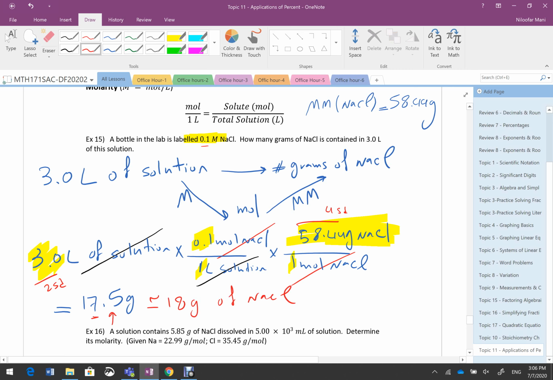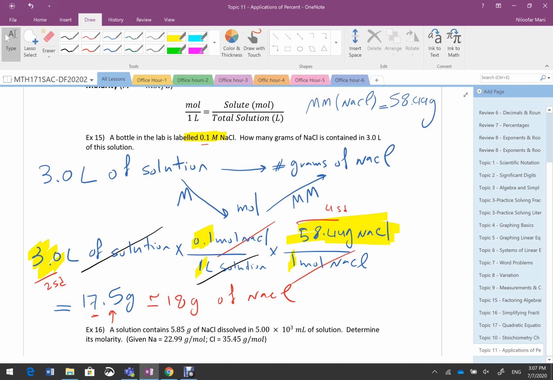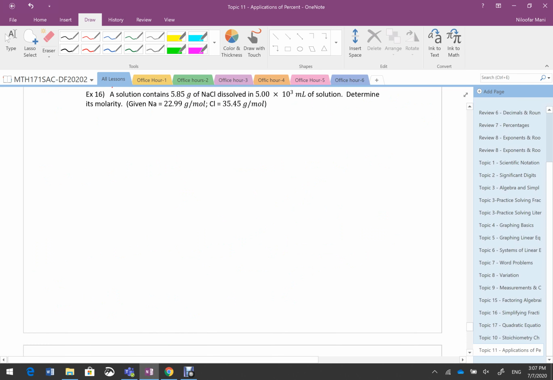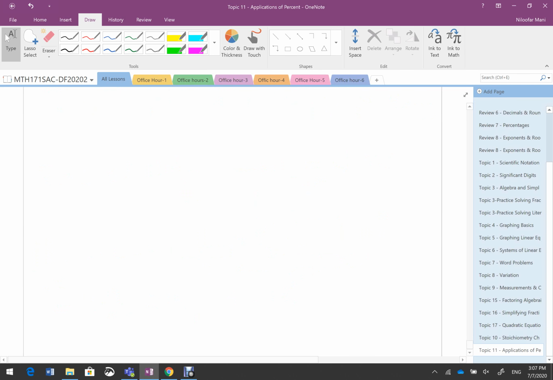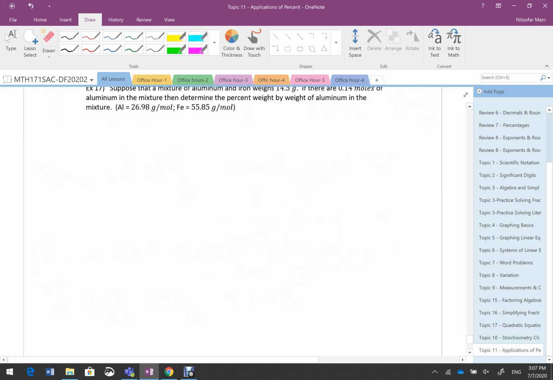Okay, I need 18 gram of NaCl in 3 liter of the solution, which has this molarity. So how about this question? So I have 1 here and 2 here, and then I am done.